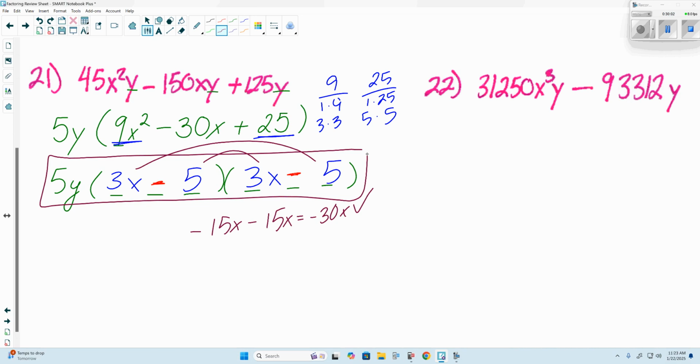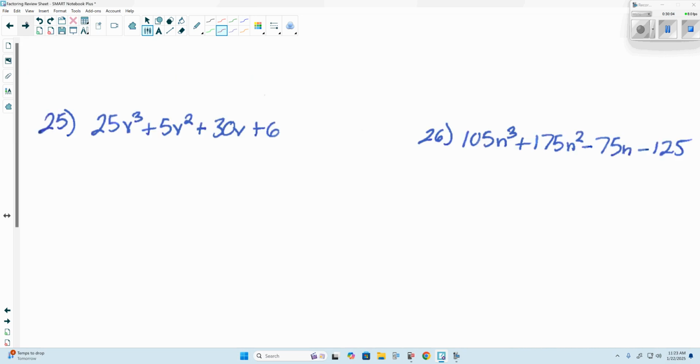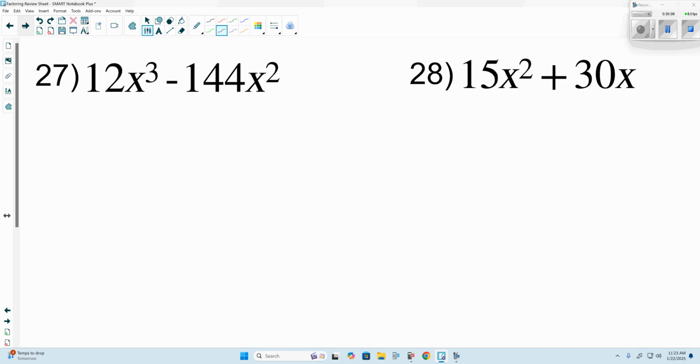We can come back to 22 if we want. Let's look at 27. So here we do have two terms. The reason I would know 27 is not a difference of two cubes is because we have x cubed and the other we have x squared.